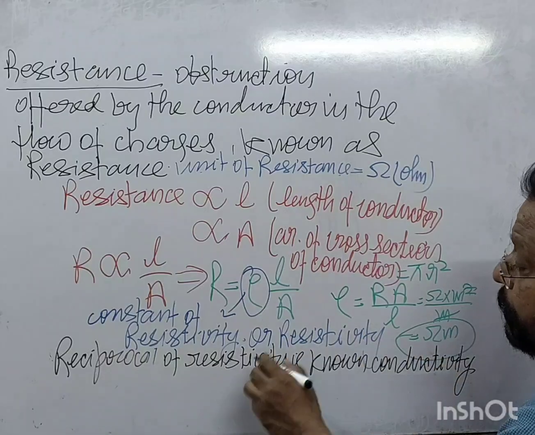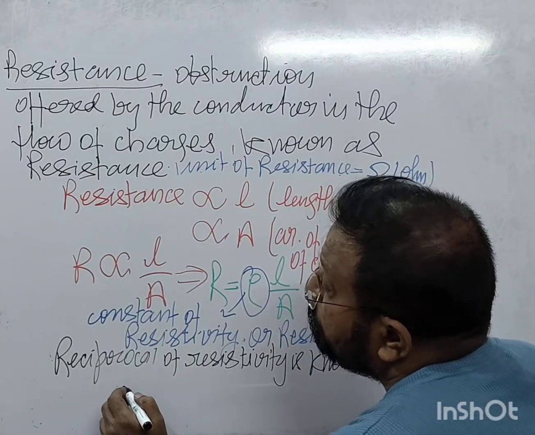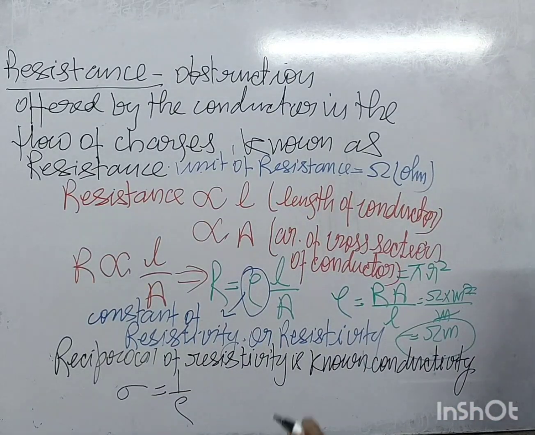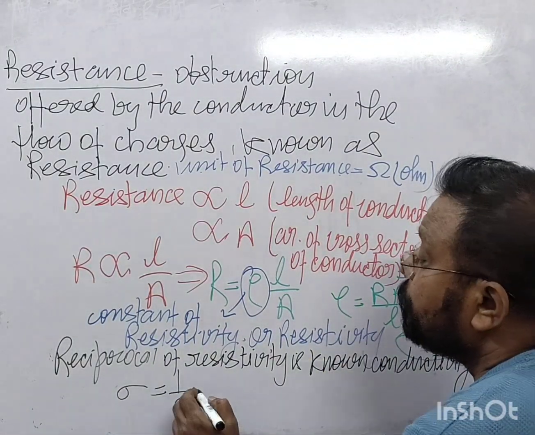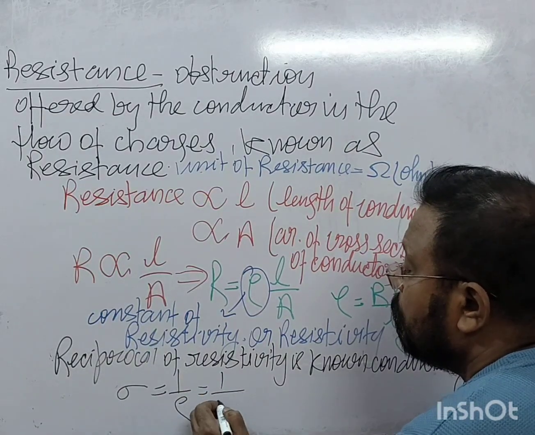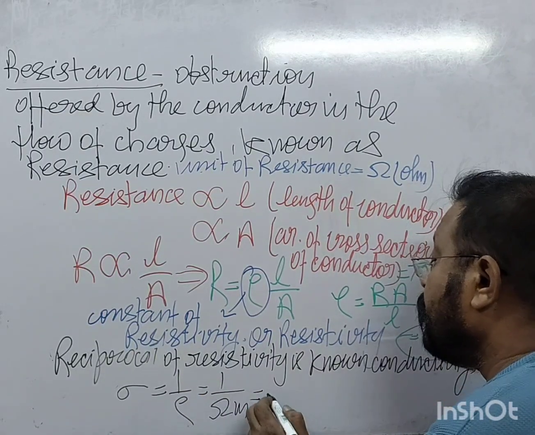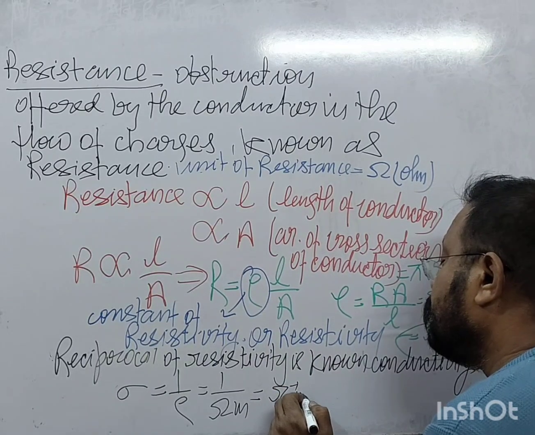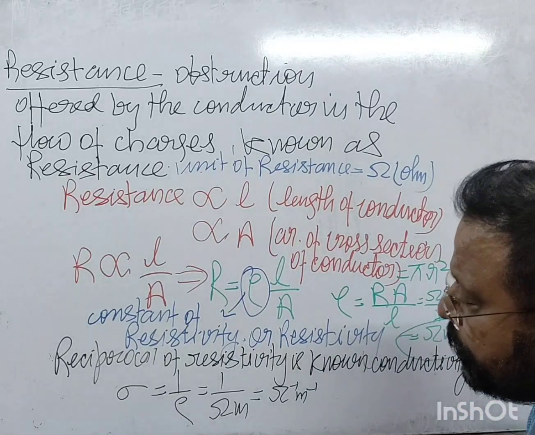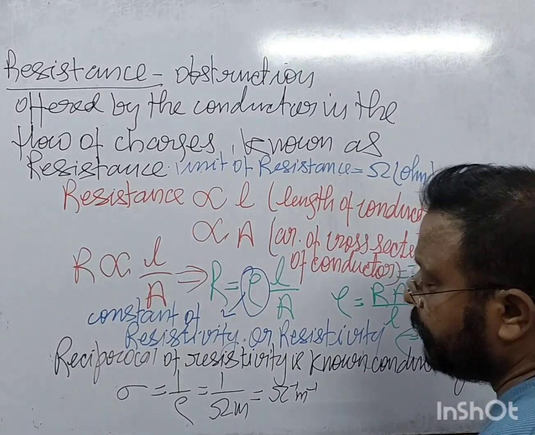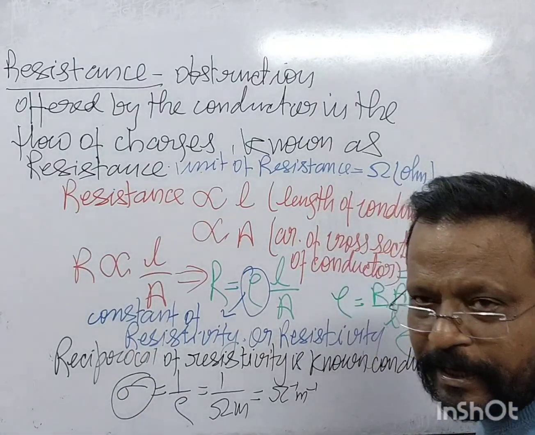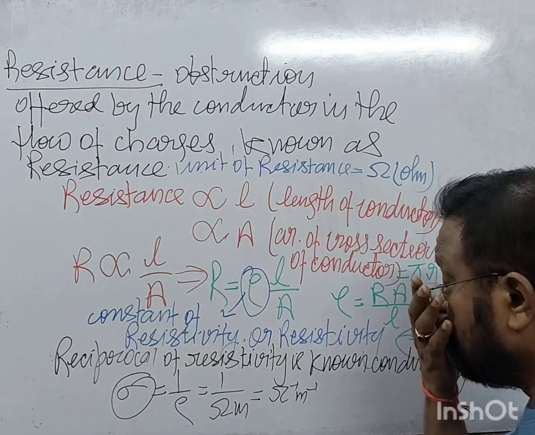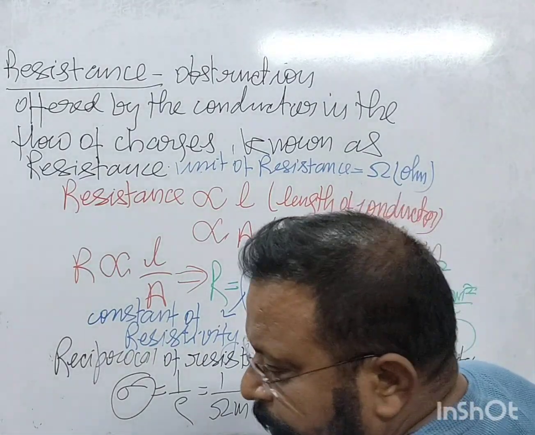So sigma is equal to 1 upon rho. You get that? So it is 1 upon ohm meter. So you can write per ohm per meter. This is the unit of conductivity. Getting? Okay. Should I rub?